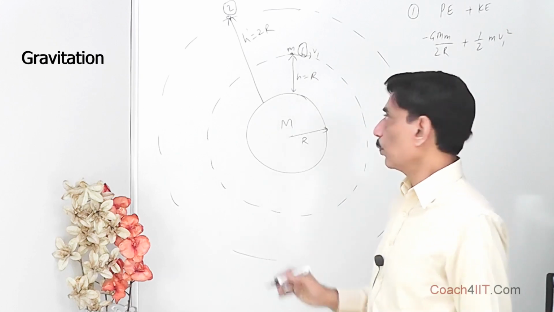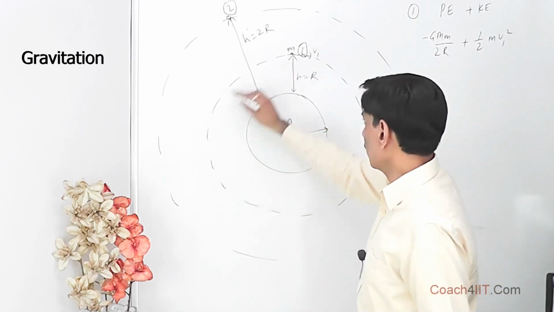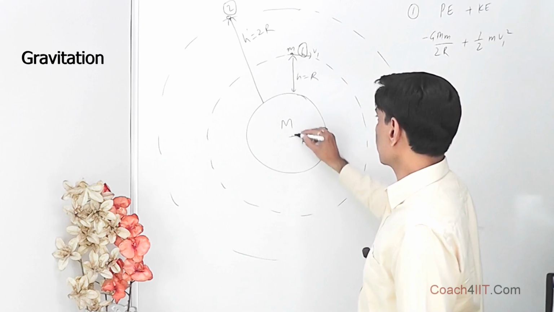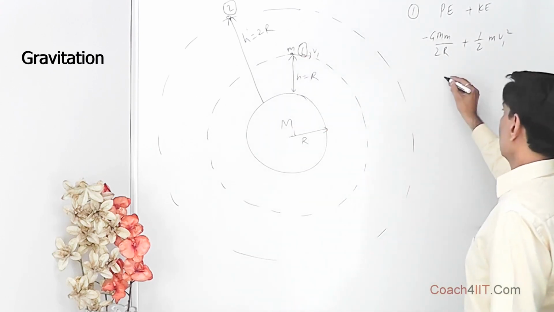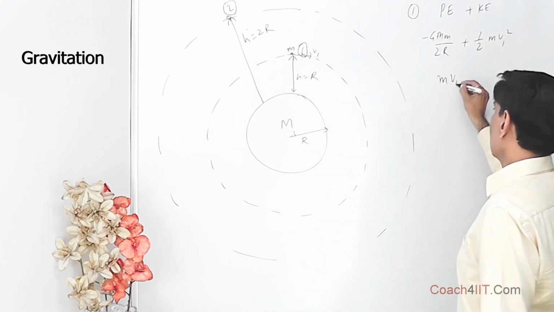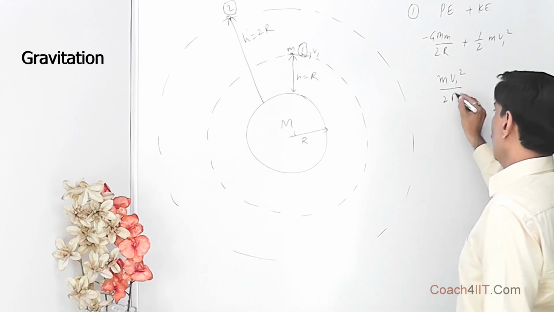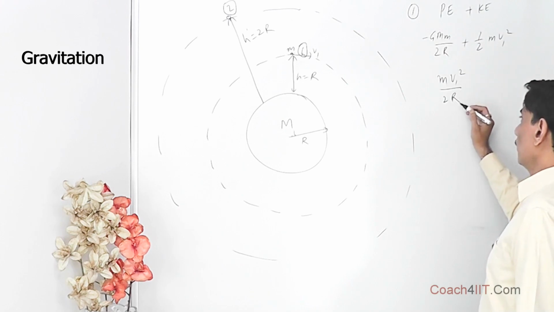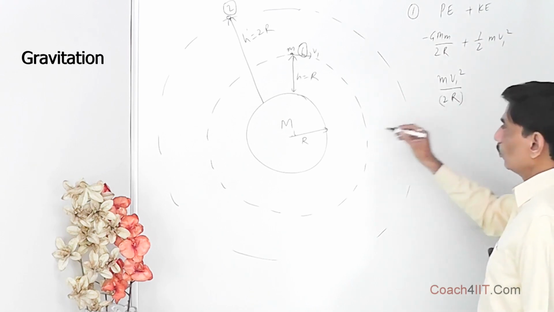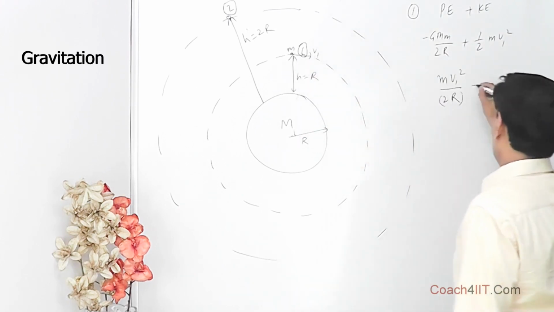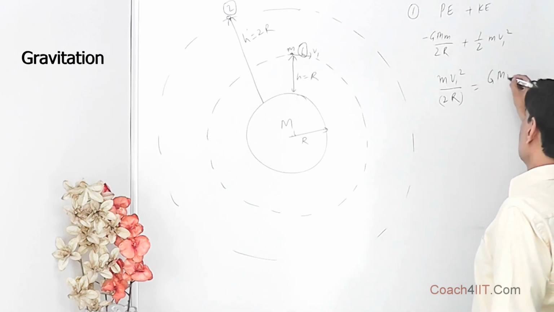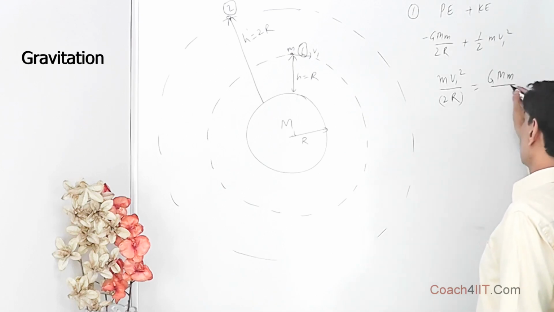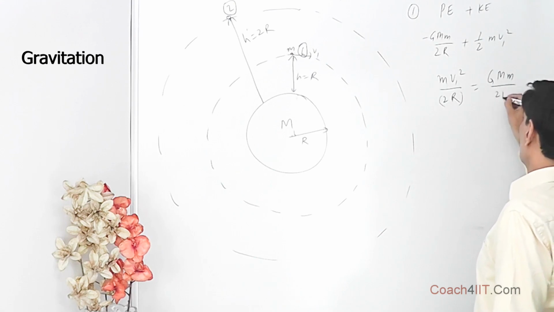We also know that when this is orbiting in a circle of radius 2R, it requires a centripetal force m v square upon 2R. This requirement is going to be provided by the force of gravitation, GMm upon (2R) square.